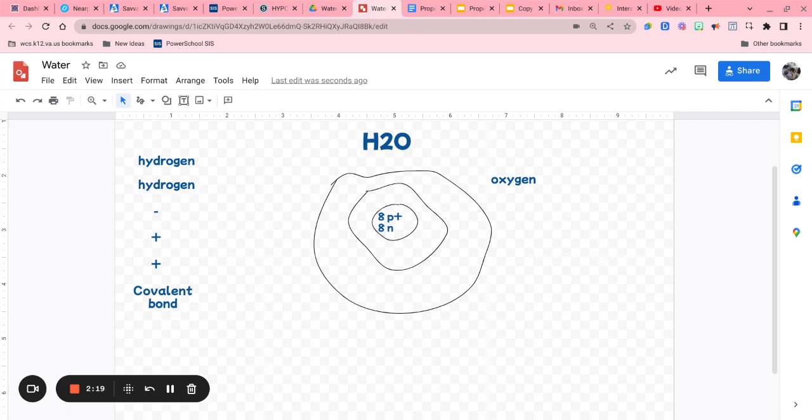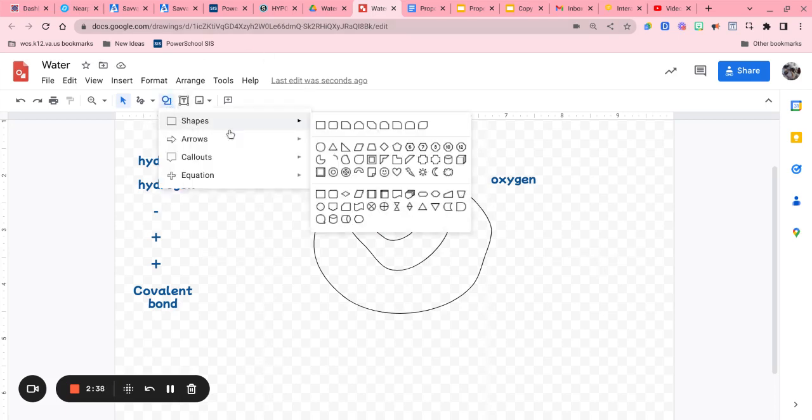So if I have 8 protons, that means I also need 8 electrons to balance that out. So on this first energy level, 2 electrons go here. I'm just going to put in a couple of dots here for the electrons.